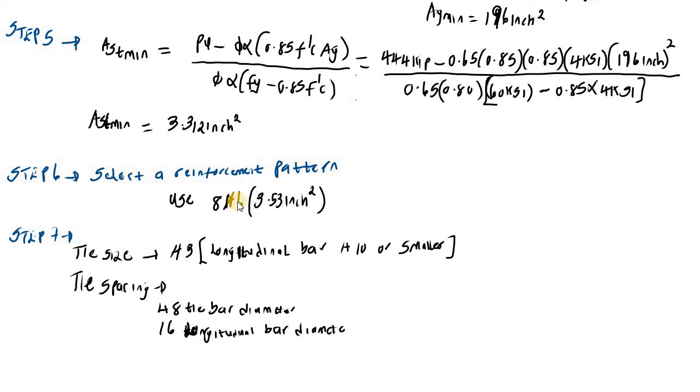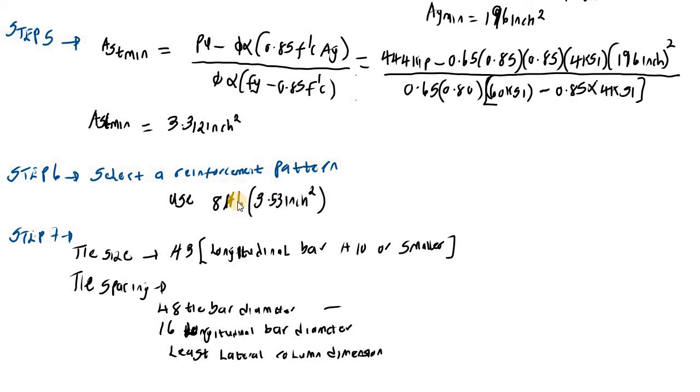And lastly, we are going to be taking a look at the least lateral column dimension. So the maximum between these 3 values is going to be the tie spacing.